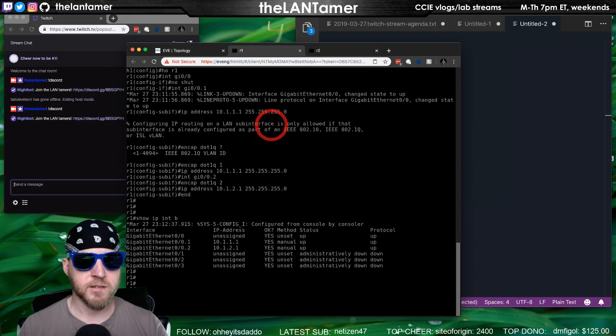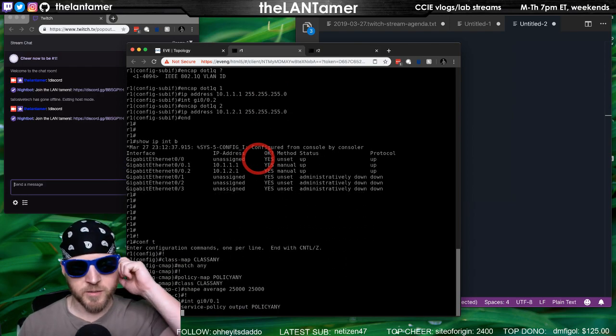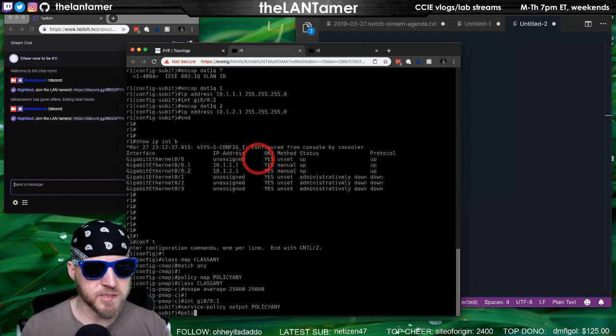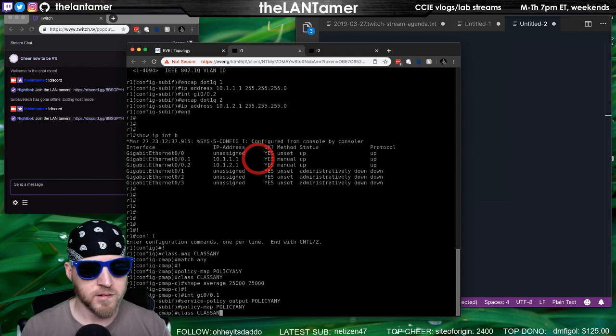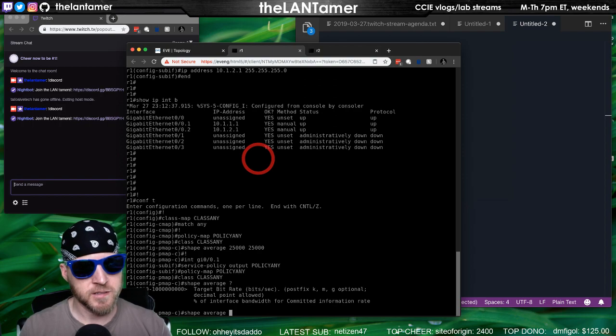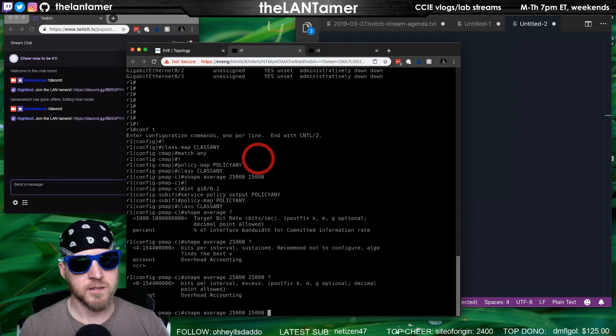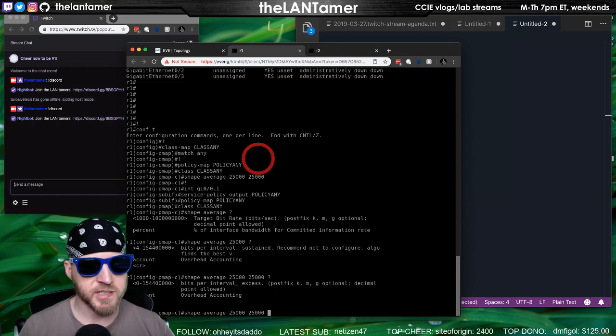On router 1, it liked all the commands. Let me go back though. Policy-map, shape average, target bit rate, bits per second. Okay, this is where we put our bits per interval.